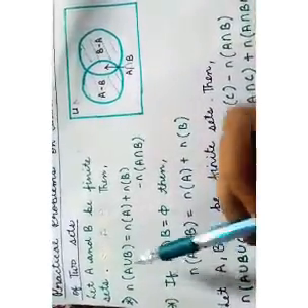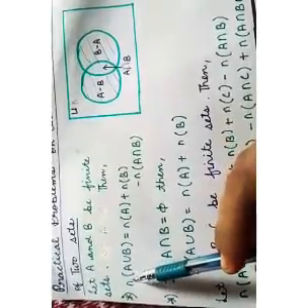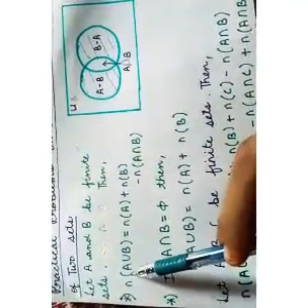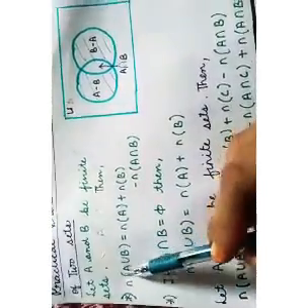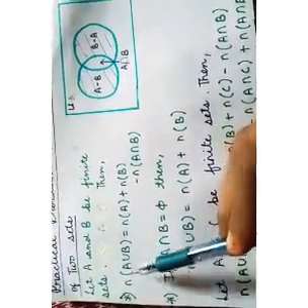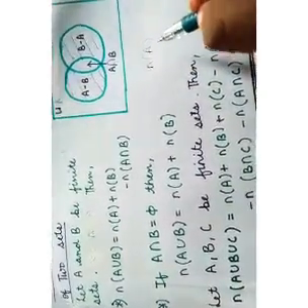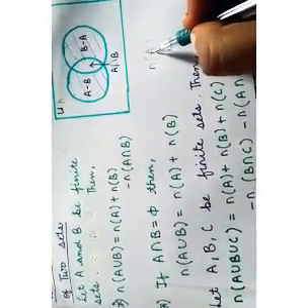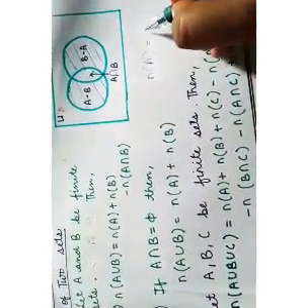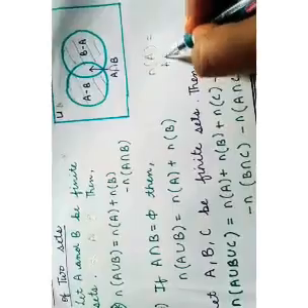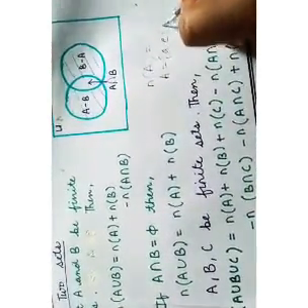So we will have certain formulas here. n of A union B. Here n denotes the number of elements that the set has. Whenever we write n of A, it implies how many elements are there in set A. Suppose there is a set A having elements a, e, i, o, u.